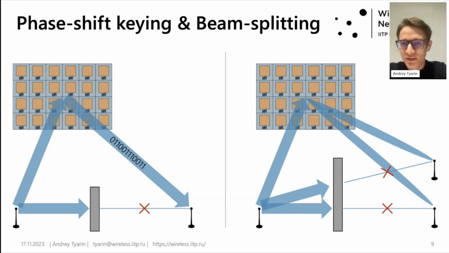Thus, by changing the size of the new UCs, it is possible to change the number of beams. And beam splitting can be used for multi-user transmission, when each of the beams reflected from RAS goes to a separate user device.